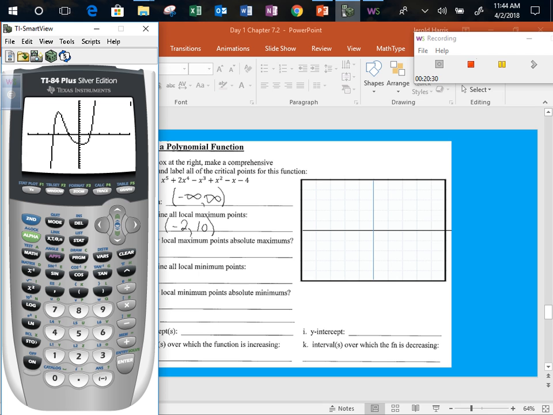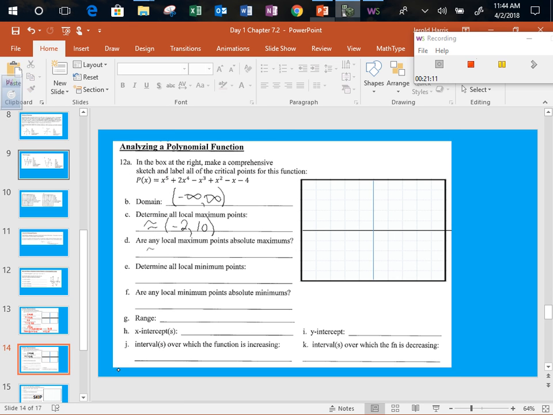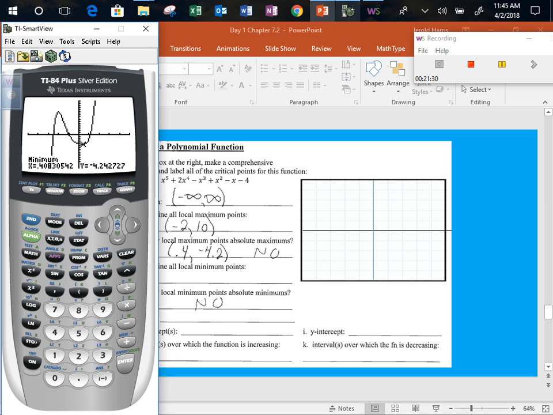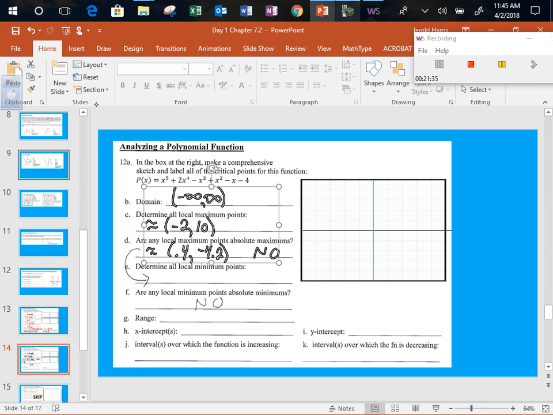Now when I round this, I'm going to call this about 0.4 and -4.2. Since I'm rounding both of them again, about 0.4 and -4.2. Oops, there's a no there, and that really goes there. And then were any of the local minimum points absolute? The answer was no. Now for the range, notice this goes down forever, up forever, so it looks like my range is going to be -infinity to infinity.